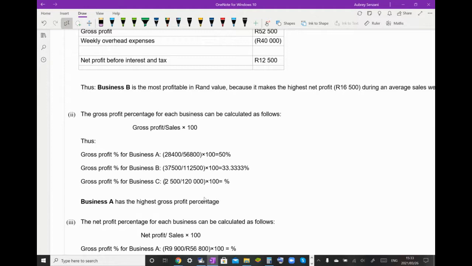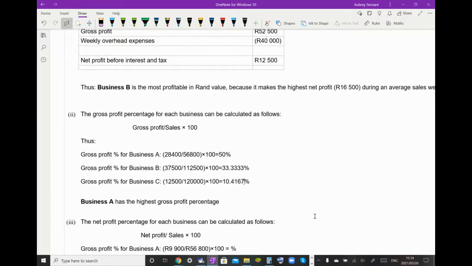Oops, I think I subtracted the wrong thing there. So here, what do we have? We have, I'd say 10.4%, okay? All right. So there again, we can see business A seems to have the highest gross profit.